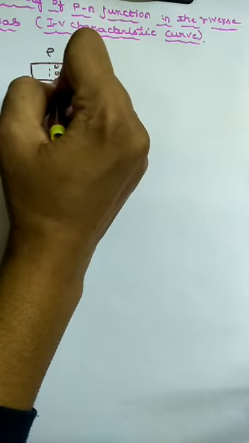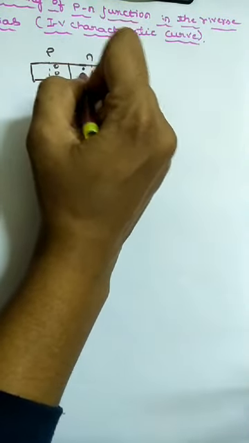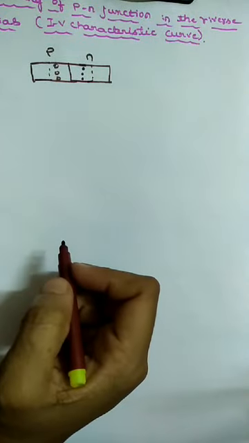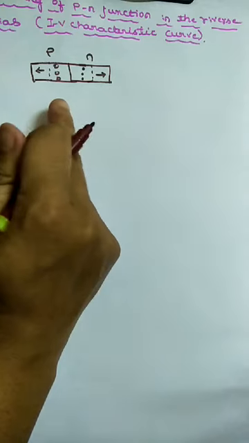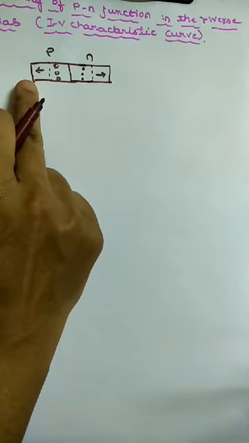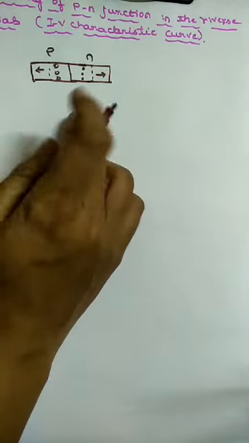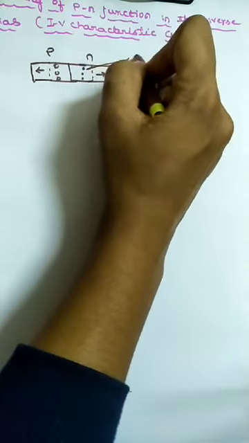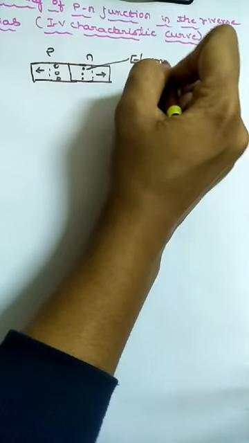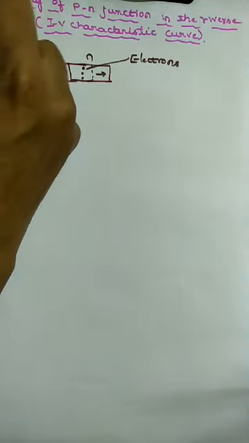In the P side, holes are majority charge carriers, and in the N side, electrons are majority charge carriers. If you observe, the arrow mark indication is in the opposite side, whereas in forward bias it is in the same side. Here are the electrons and these are holes.